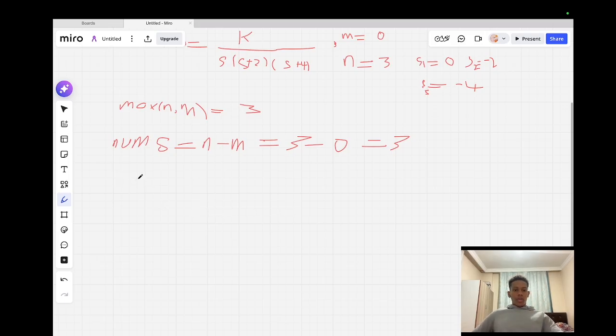After that, we need to find the intersection of the asymptotes with the real axis. It's equal to the sum of poles minus the sum of zeros over n minus m.